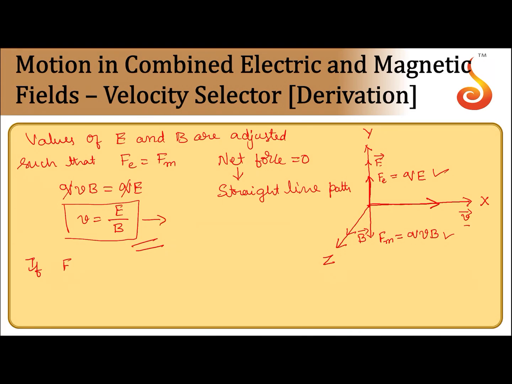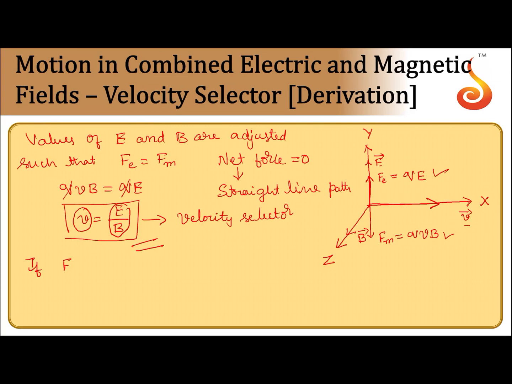So this condition is called velocity selector condition. So only this selected velocity, that is V equal to E by B, only those particles will go undeviated.